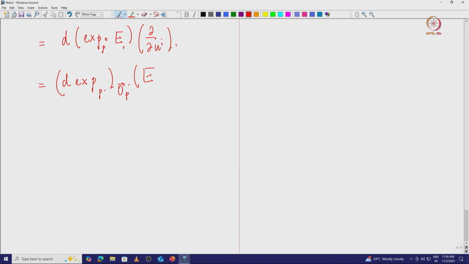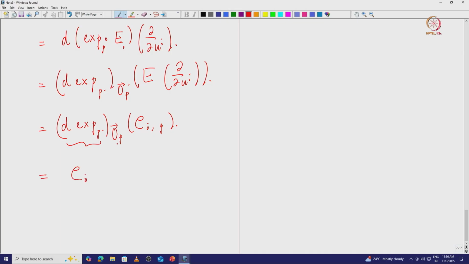So E of del by del ui, but E of del by del ui is precisely these basis vectors e_i at P. And by the computation that we did last time, we saw that the derivative of the exponential map at P at the origin is precisely the identity map.